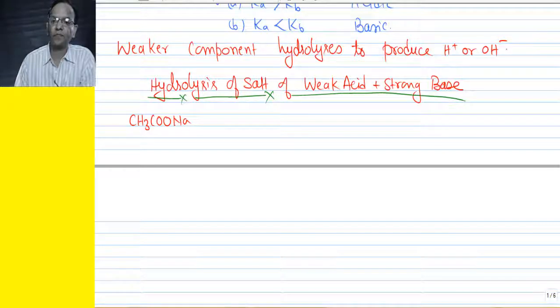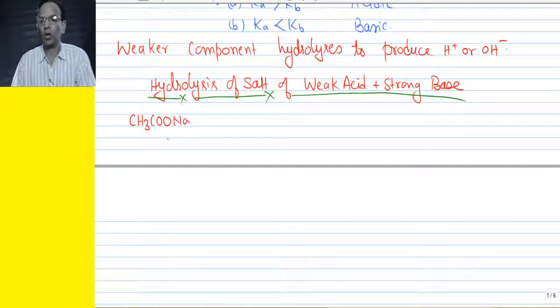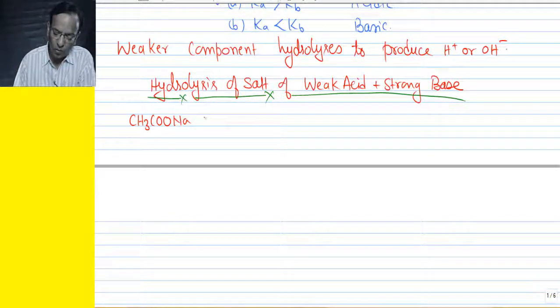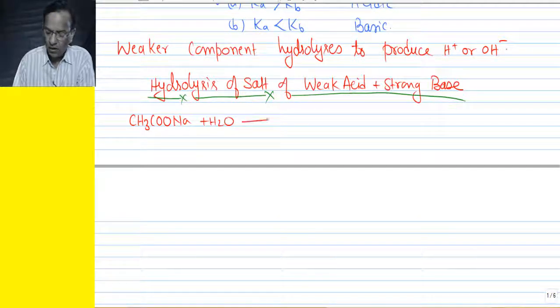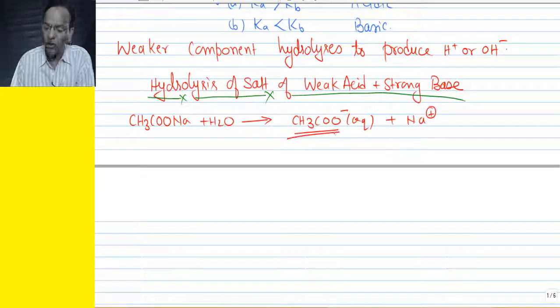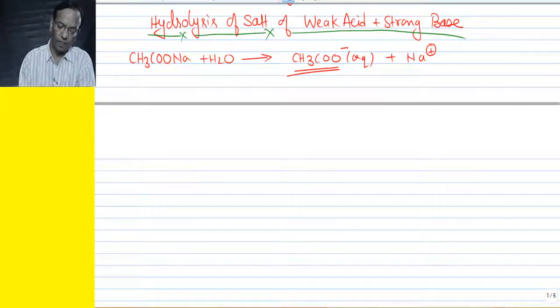Sodium acetate is a salt of weak acid and a strong base. The moment we dissolve it in water, it first ionizes completely to produce acetate ion and sodium ion, and it is the acetate ion which will hydrolyze, since the weaker component of the salt hydrolyzes. So acetate ion will hydrolyze like this.